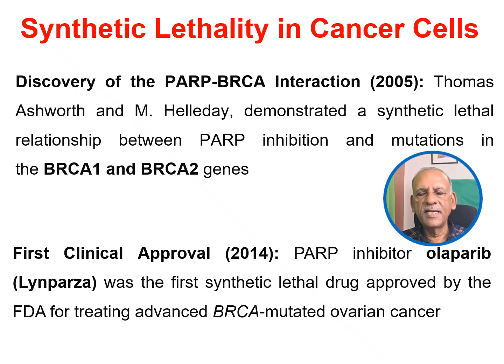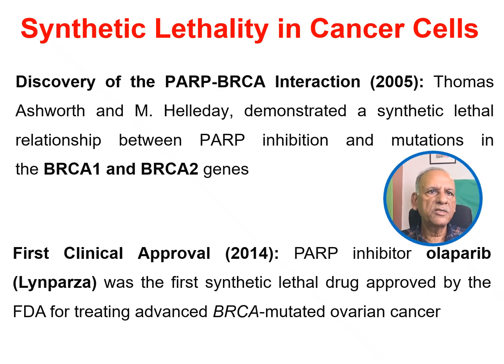Now, the practical example is the discovery of what is called the PARP BRCA interaction. You might have heard about this. This came into popularity somewhere in 2005 when BRCA1 mutations were discovered. BRCA1, the breast cancer gene.